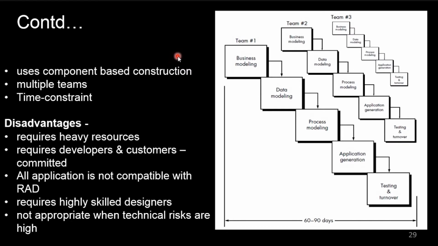First they build the business modeling of the planning. Next they do the data modeling, then process modeling. After that, team one is going to generate the code.